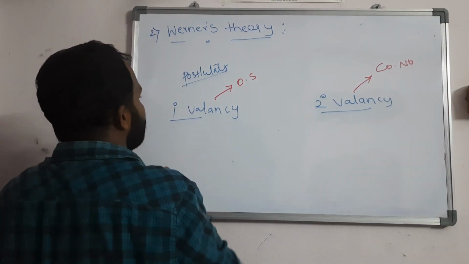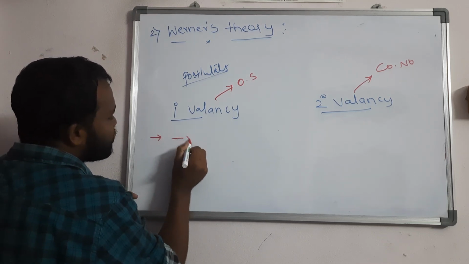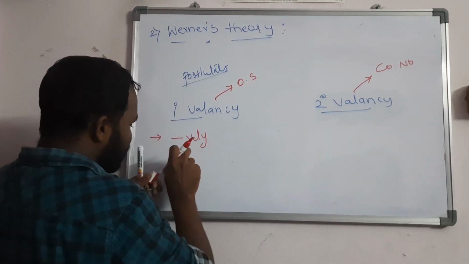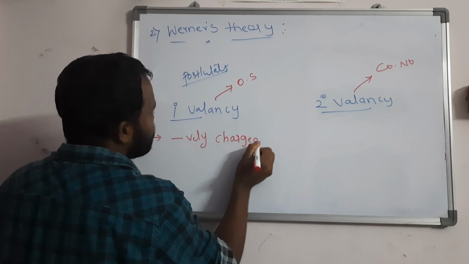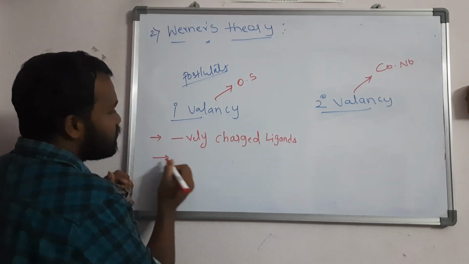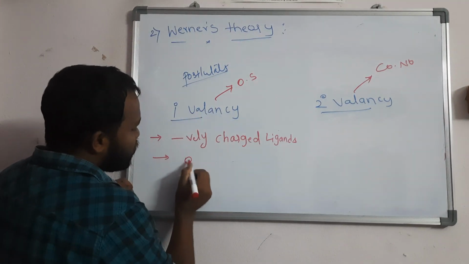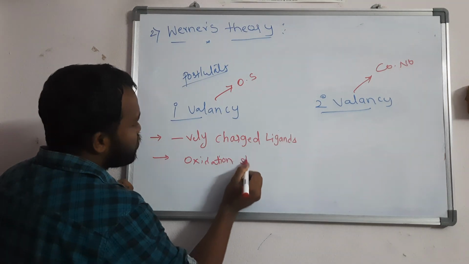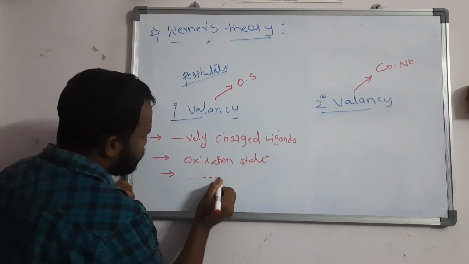Now some points for the primary valency. Primary valency satisfies negatively charged ions, nothing but ligands. This primary valency only represents the oxidation state. This is shown with the broken line.